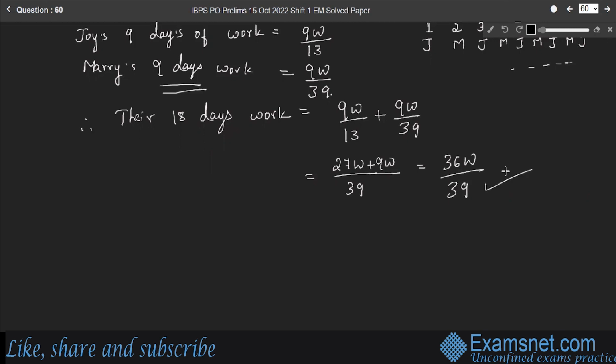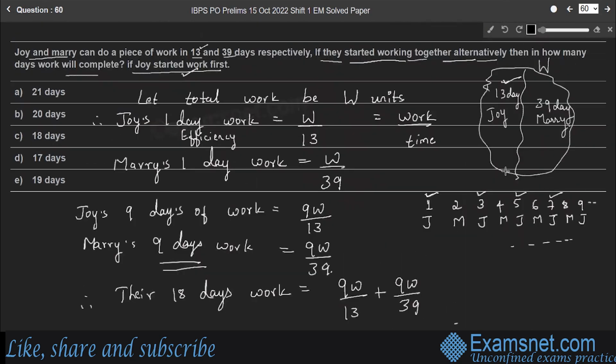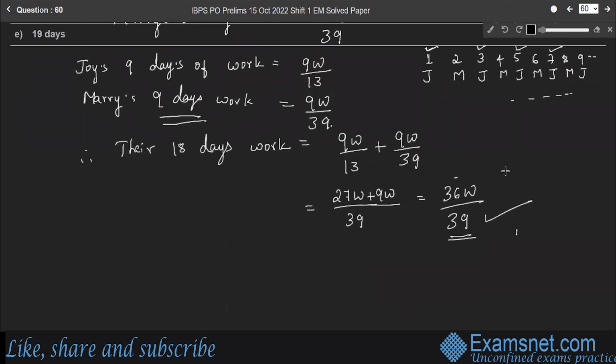To get this answer 36 by 39, such that the denominator is more than the numerator. Here 39 is constant, because of the given 39 days. Here 39 should be greater than the numerator, or the numerator should be slightly less than the denominator. Then only we can calculate the remaining work.